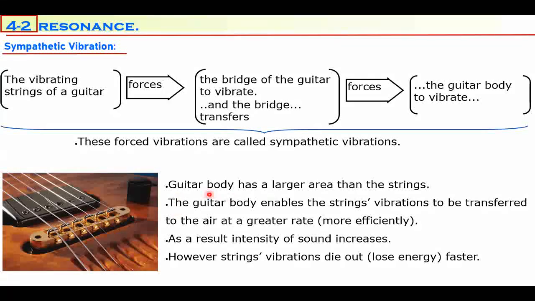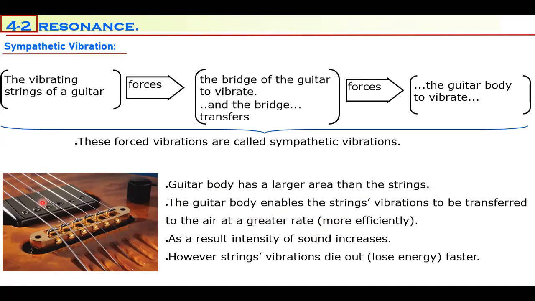Because the guitar body has a larger area than the strings, the guitar body enables the string vibration to be transferred to the air at a greater rate, more efficiently. That's why the intensity of sound increases. If you don't use the body, if you use only the string, intensity cannot be so high.